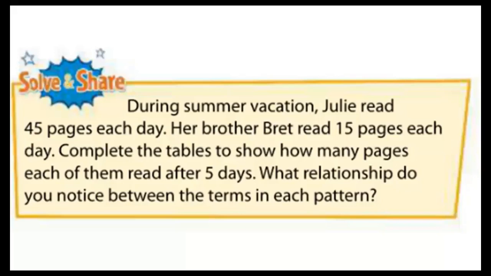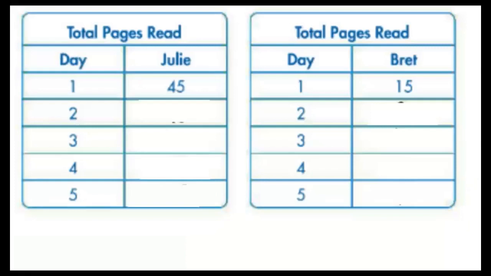If she reads a steady amount each day, the rule here is going to be adding 45 each time. In the first day, she started with 45, and we said it's a steady, constant amount. So I'm going to add again 45. My rule here is to add 45 per day.